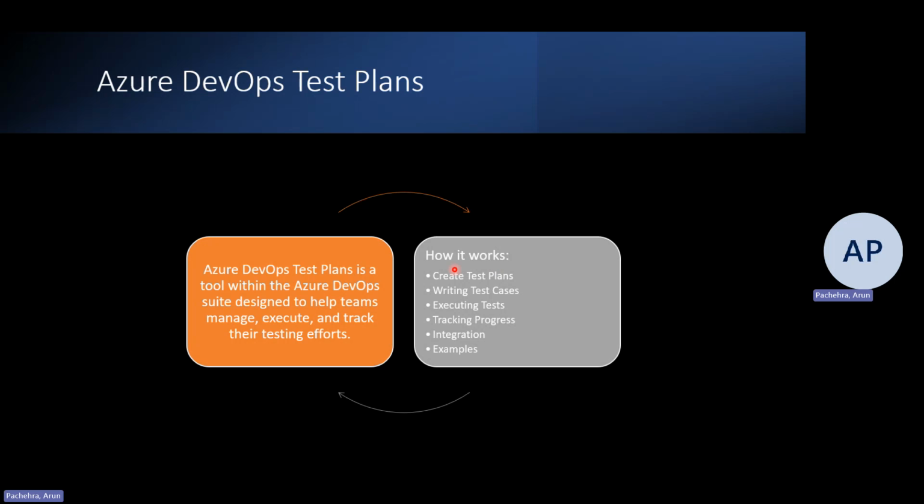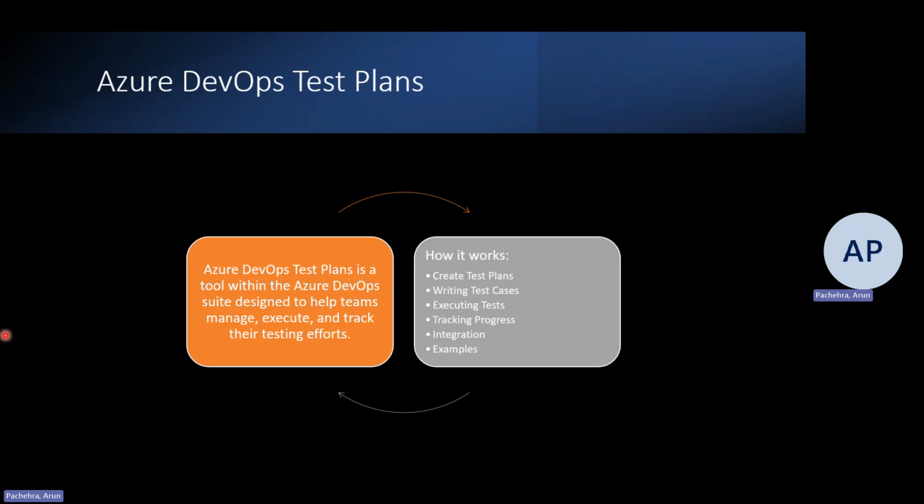So how does it work? We understood what Test Plans is. Now, how it works. Well, the very first thing is we have to create the test plans. So we start by creating test plans for our website. Think of this as creating a big to-do list for testing different parts of the website.